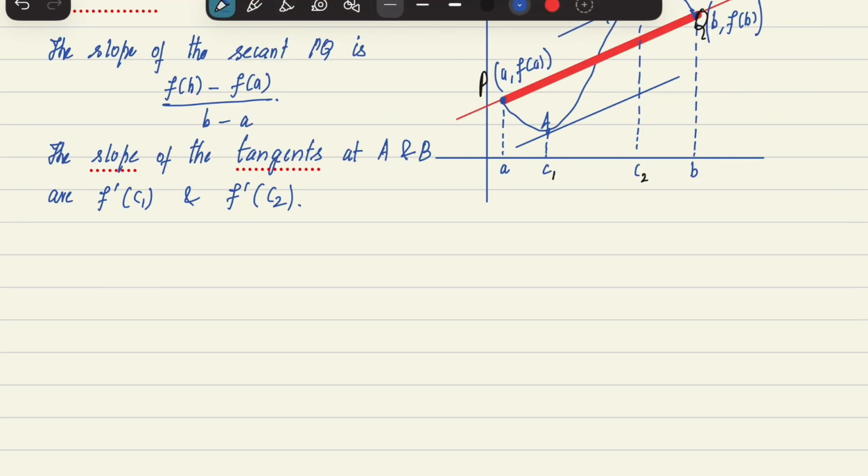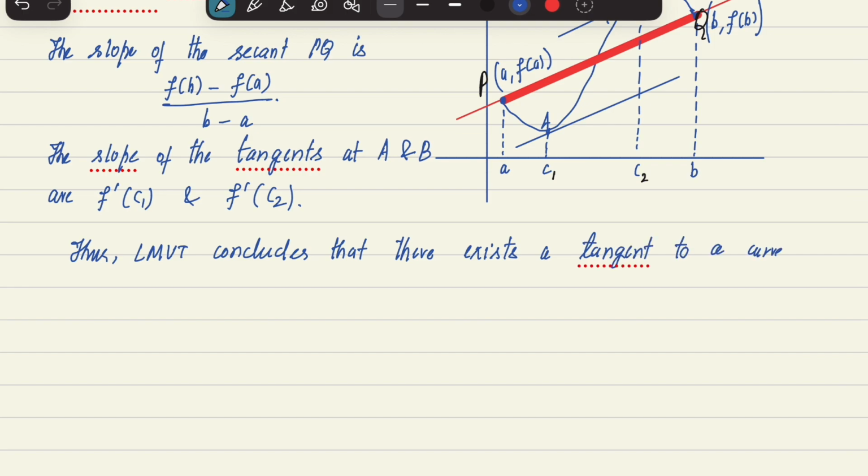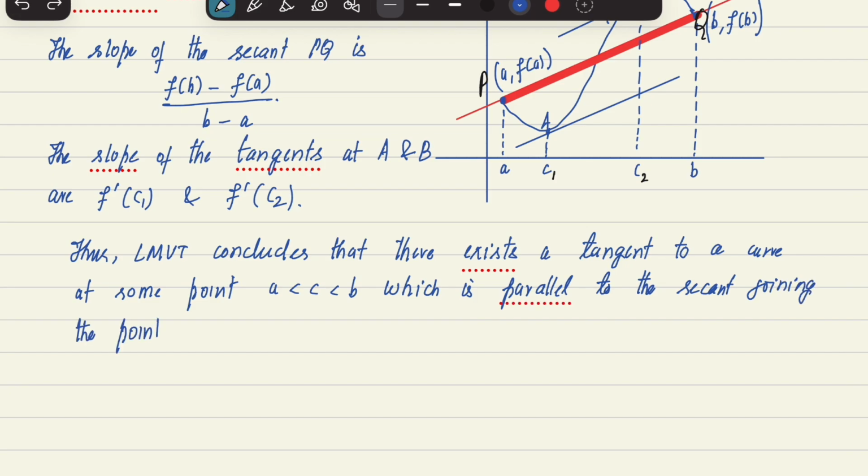Therefore, Lagrange's mean value theorem concludes that there exists a tangent to the curve at some point c, with a less than c less than b, where the tangent to the curve is parallel to the secant joining the endpoints of the curve.